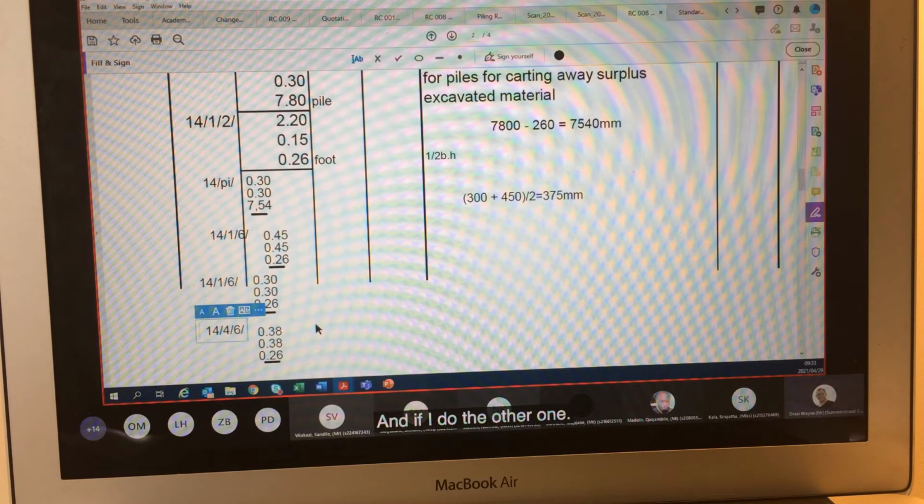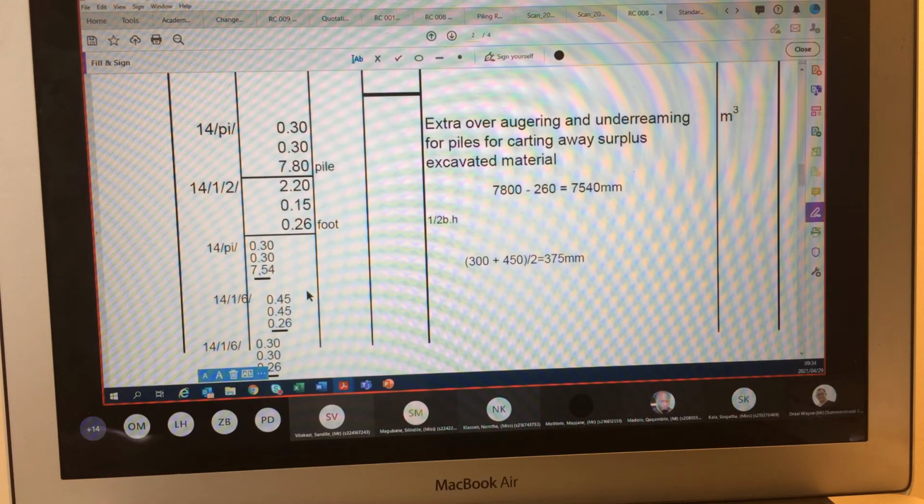And if I do the other one, I get 31.47 cubic meters.